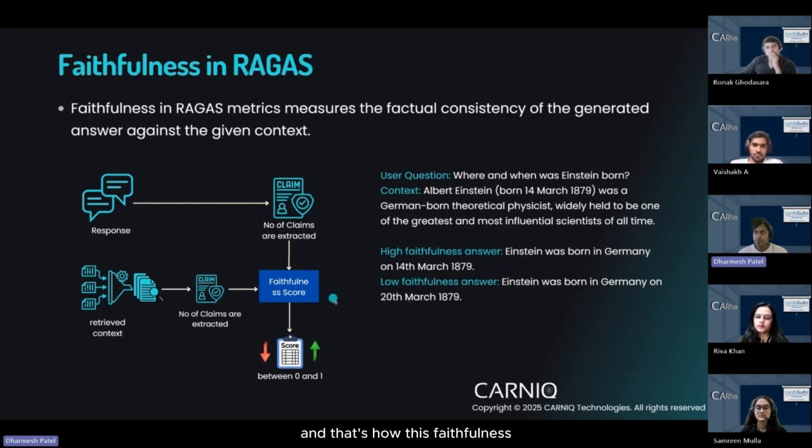That's how faithfulness tells you whether the information you retrieved and what is in your response are consistent. Here also, a higher score means your system is working well. A lower score means you need to rework your system.